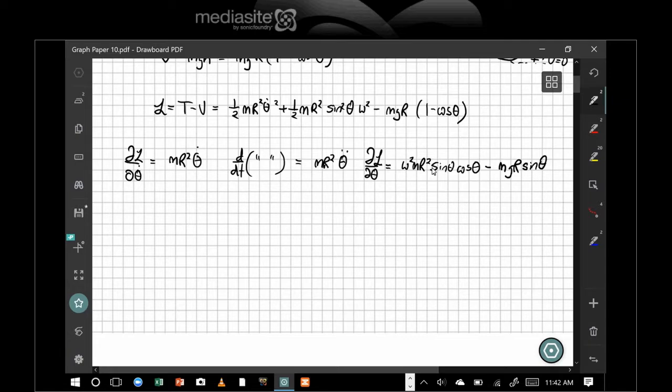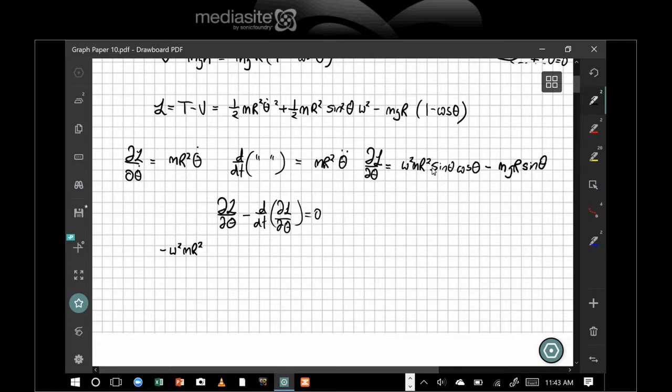And then finally I have this last term, minus mgr times minus cosine, and only cosine, so that's going to give me a plus, but the derivative of cosine is minus sine, so that gives me another minus mgr sine theta.